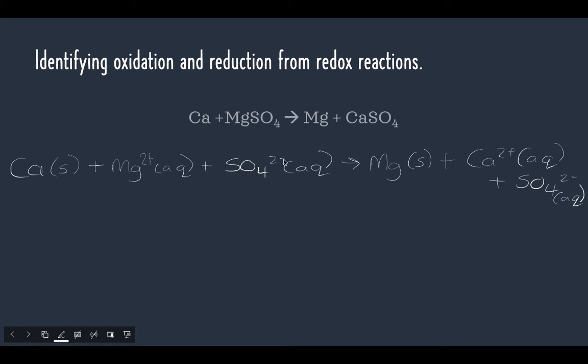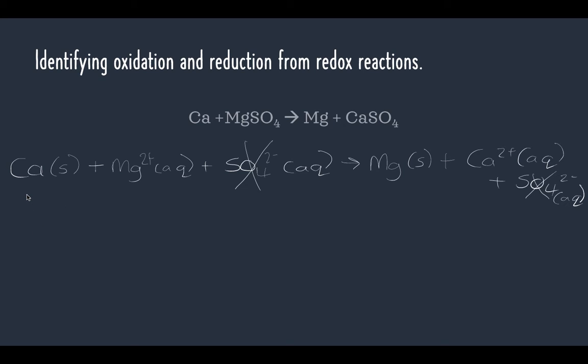Just from looking at this ionic equation, I can safely say that the sulfate ion is not involved in any part of the reaction. It can be completely cancelled out. It's a spectator ion. So that is neither oxidised nor reduced.